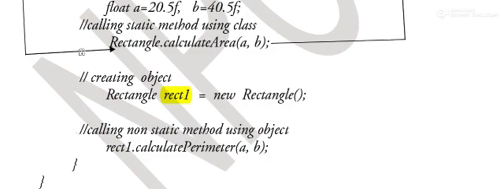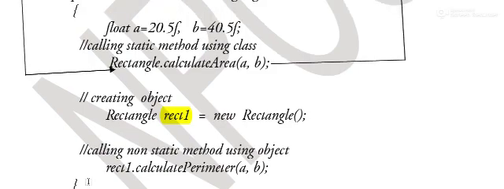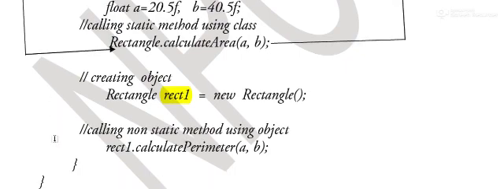After that, close the curly bracket of the main method, then close the curly bracket of the class. In this way, we can see that every program starts with the main method and ends with the main method.